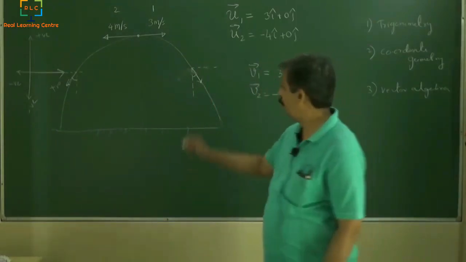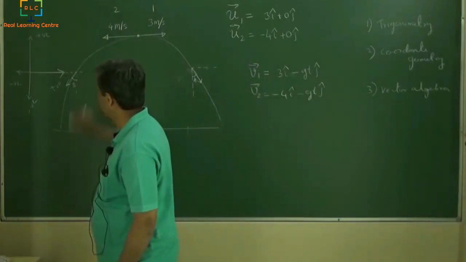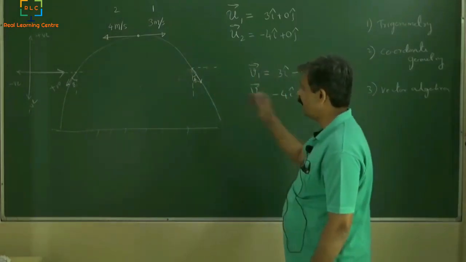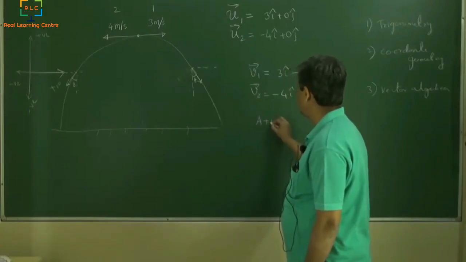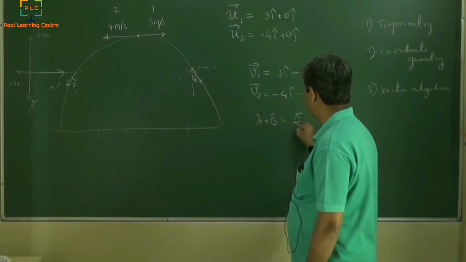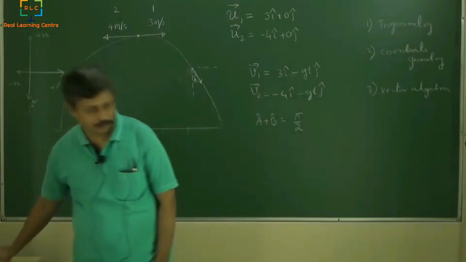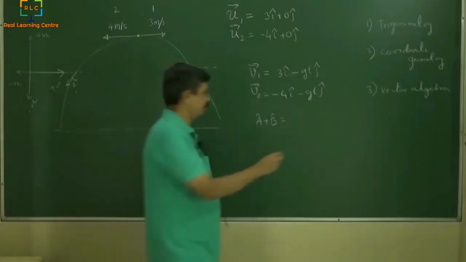So I will call this angle as A and this angle as B. So for our scenario, angle A plus angle B is equal to pi by 2 or 90 degrees. I'll write 90 if you want. If you don't like pi by 2, we'll write 90.